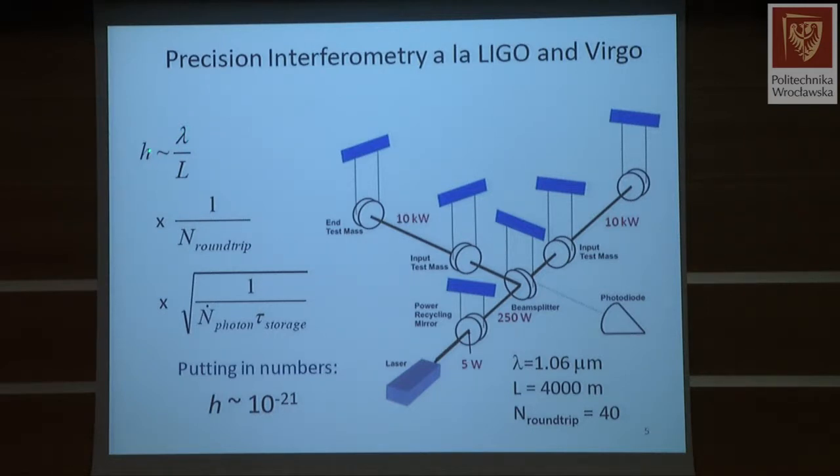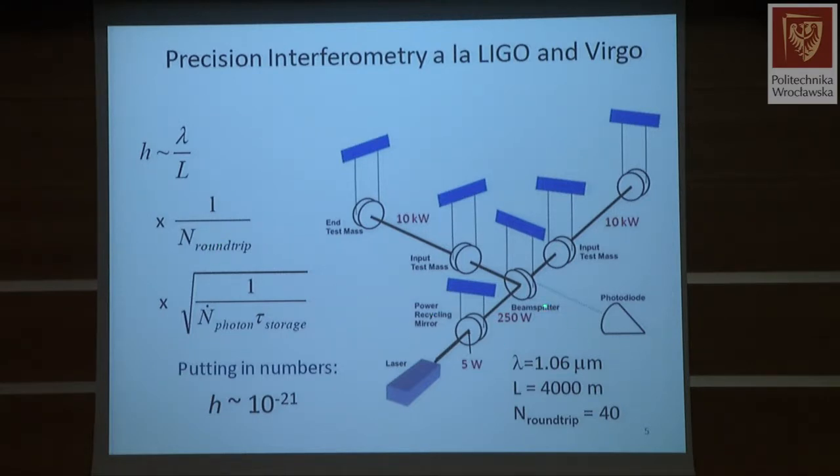Roughly, the amplitude that can be measured is the change in the length of the laser light path over the length of the distance. So you see you need kilometer-scale detectors in order to have a sufficiently sensitive detector. Moreover, in a laser interferometer the light bounces back and forth from the mirrors multiple times. This also increases the path and increases the sensitivity.